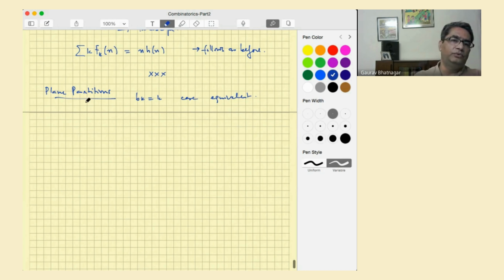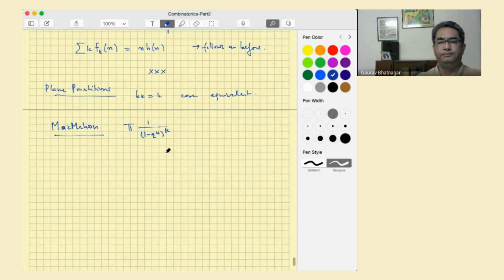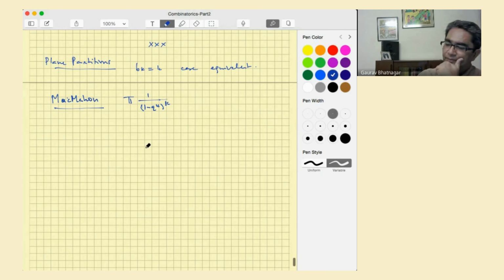Plane partitions are also due to McMahon, and he's the one who showed that they have this generating function. So what are plane partitions? Let me just define them, and then you can look through Wikipedia.